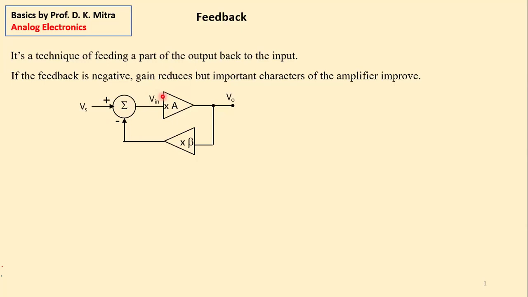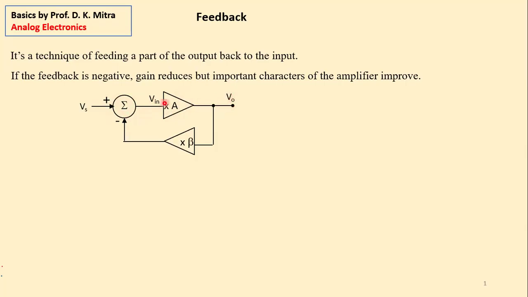Schematic diagram. I showed you the circuit diagram. This is the input Vs, the supply voltage. It goes to the positive end of the addition circuit, and this is the Vin, which actually goes into the amplifier, whose amplification factor is A. This is the output.